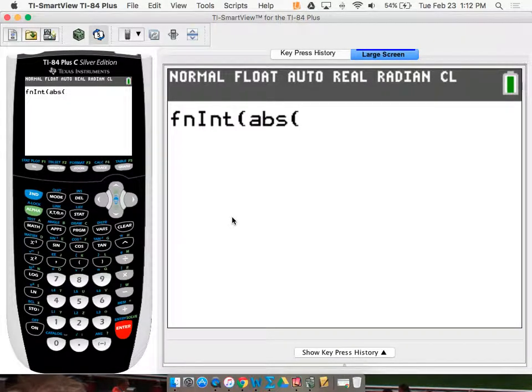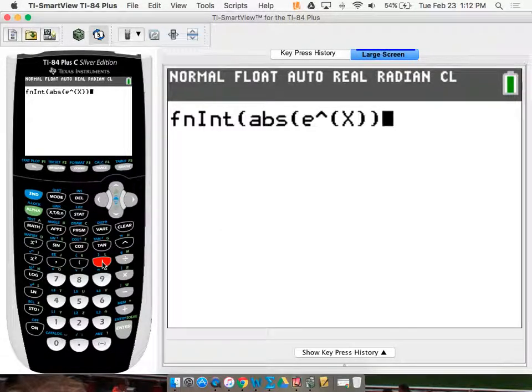All right, so if you guys have the older ones, again, you want to make sure you hit Math 9, and then hit Math again, scroll over once for number, and then enter for absolute value, and then type in e to the x minus 3. Second, ln.